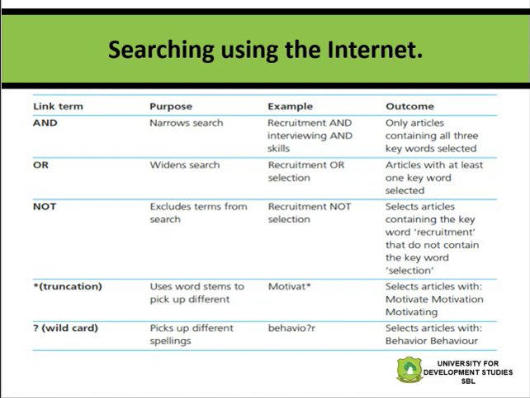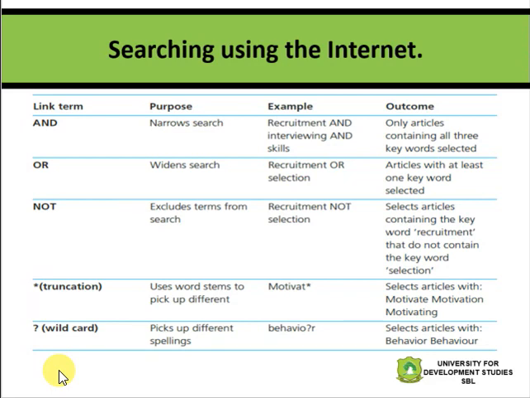So, if I do that, it will return results that contain these initial letters, and the outcome will be articles with motivate, articles that contain motivation. It will bring out articles that contain motivating and whatnot.